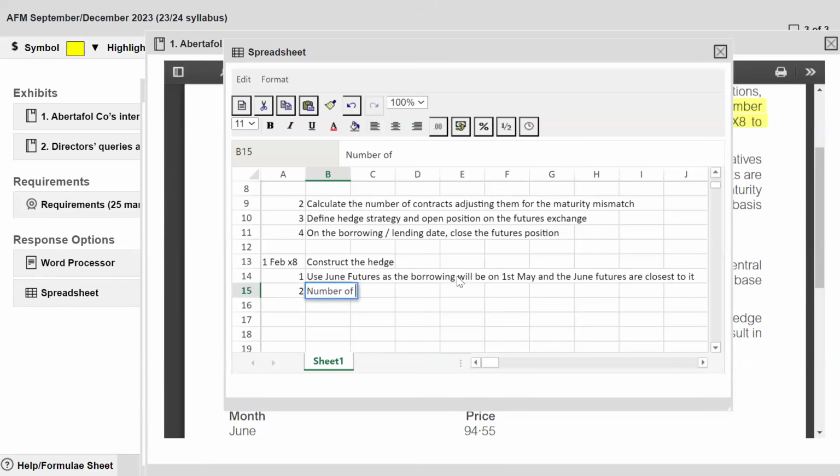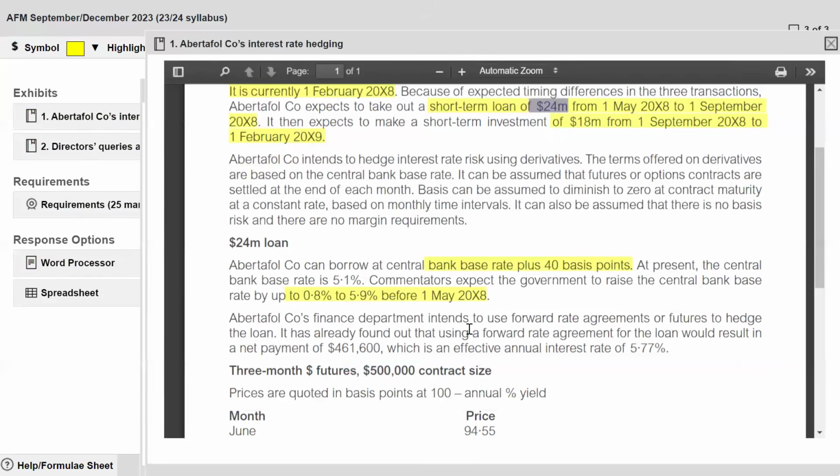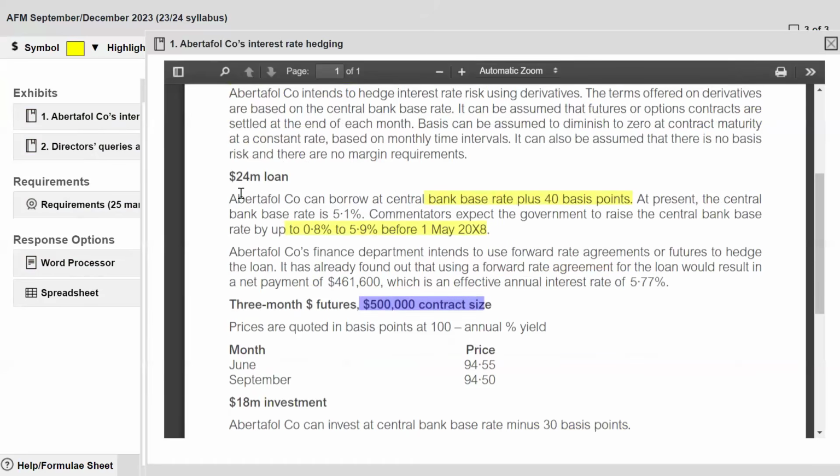So the number of contracts should be what? The loan is $24 million. What is the contract size? $500,000 is the contract size.